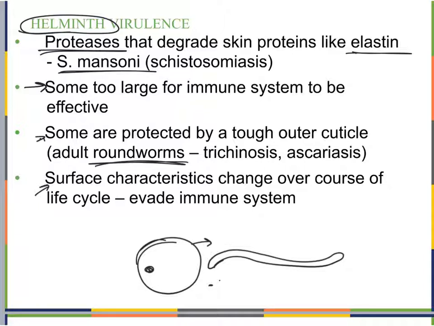Then also, the surface characteristics change over the course of its life cycle. If we take a look at any particular helminth, remember they go through these life cycles. And as they're going through the life cycles, the surface proteins end up looking different.